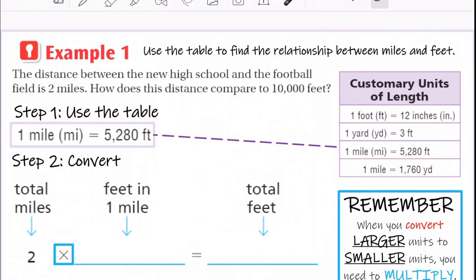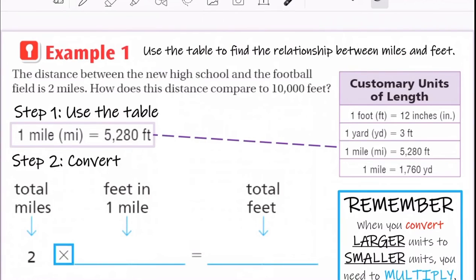You'll be comparing things. You'll be comparing lengths in the same system. So we are learning the U.S. Customary System. That is basically the distance or length system that we use in the U.S. It's very unique to us.